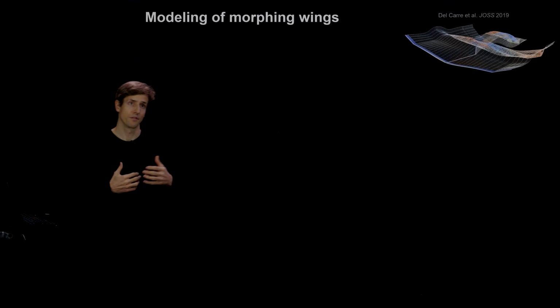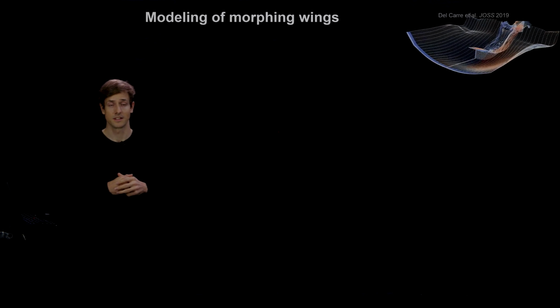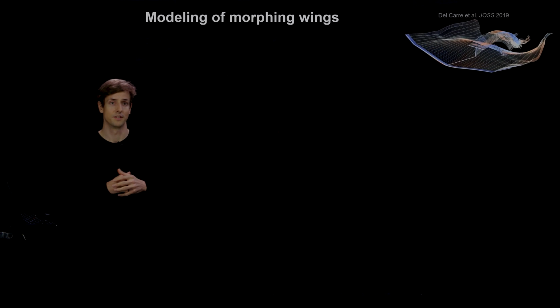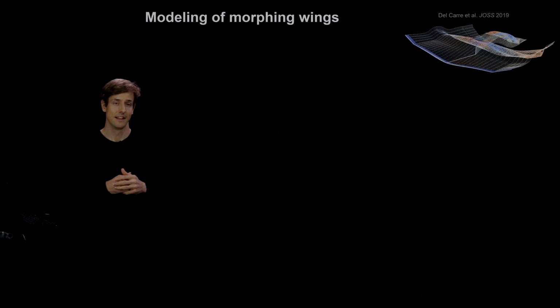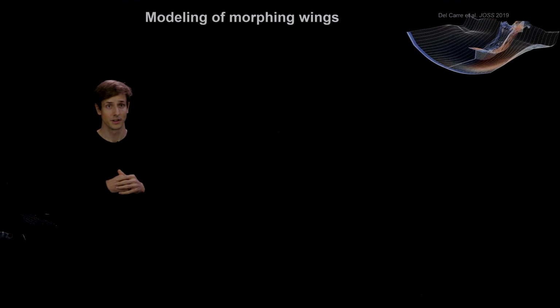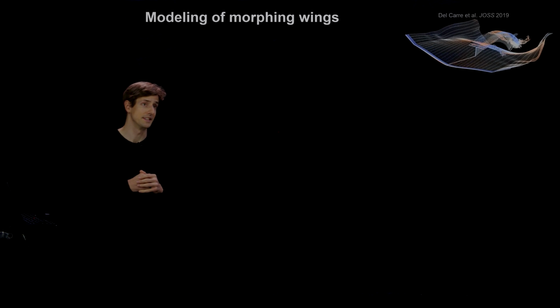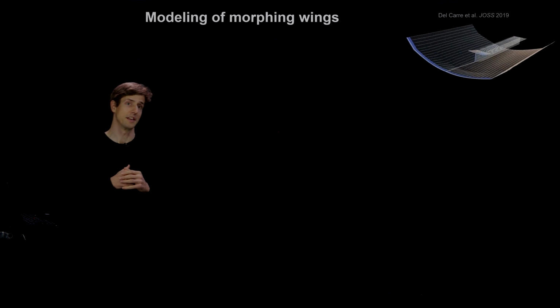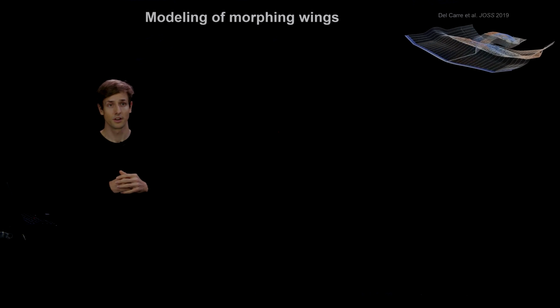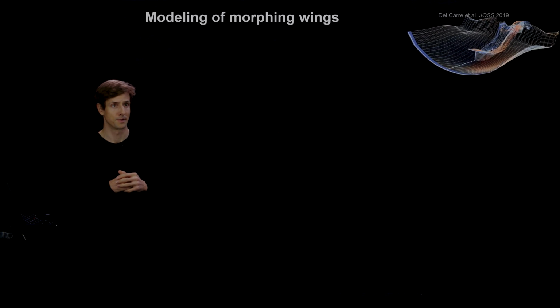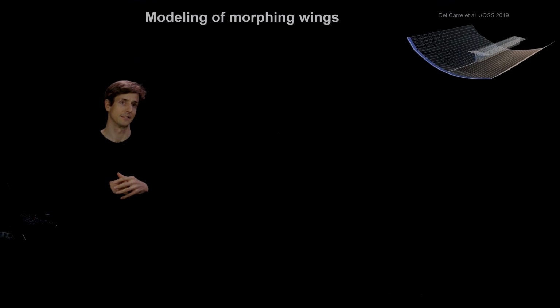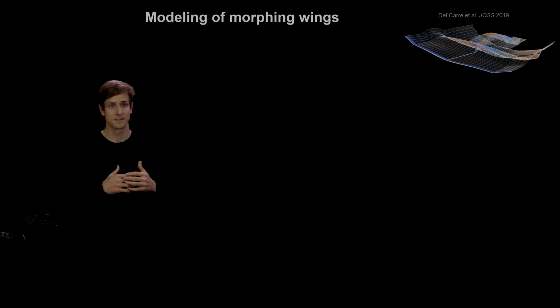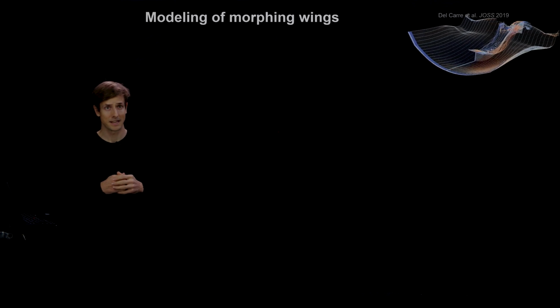Modeling of morphing wings or flexible wings in general is not something new, so there was a lot of research over the last decades, and there is still a lot of research ongoing. So, for example, what you can see in this animation here is a really cool work done by the group of Professor Palacios. They analyze mainly very flexible wings and wind turbine blades.